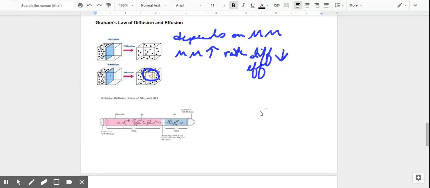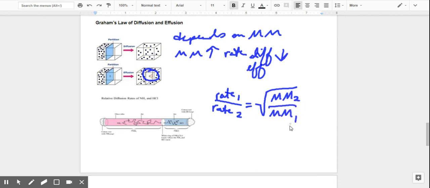And so there is an actual calculation that you might have to do with Graham's law of diffusion and effusion. That equation is rate of gas 1, and that could be effusion or diffusion, divided by rate of gas 2, is equal to the square root of the molar mass of gas 2 divided by the molar mass of gas 1.